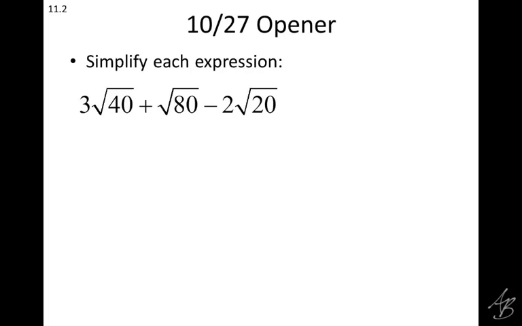So we're going to simplify each one of these, and none of them are perfect squares, so we're going to have to do them by factoring. So we'll factor each one of them. Notice that I'm only factoring the radicands. We don't need to worry about the coefficients at this point.